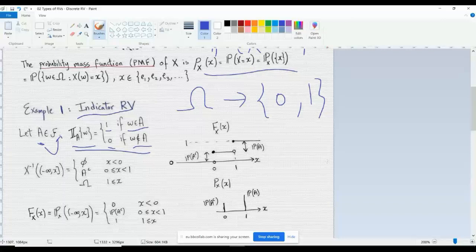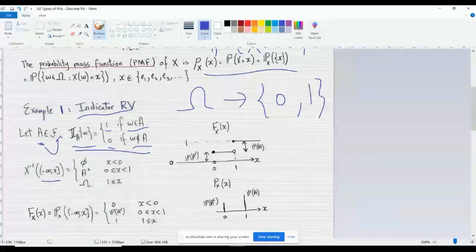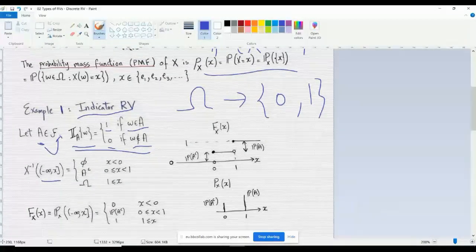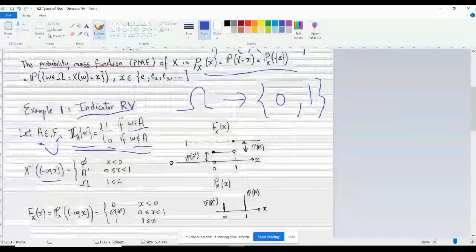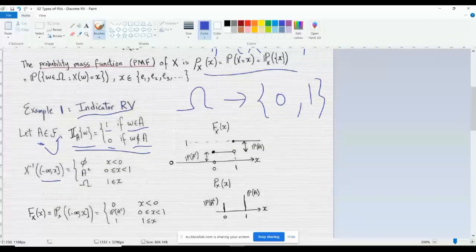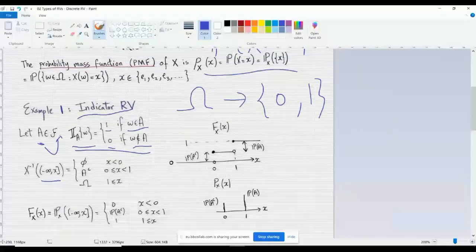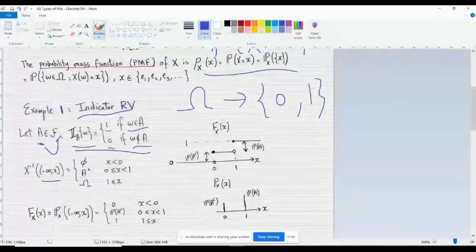The test is to examine every Borel set in the form of an infinite set going from minus infinity to the small x. You should show that for every small x, the pre-image of this interval is part of your sigma algebra.